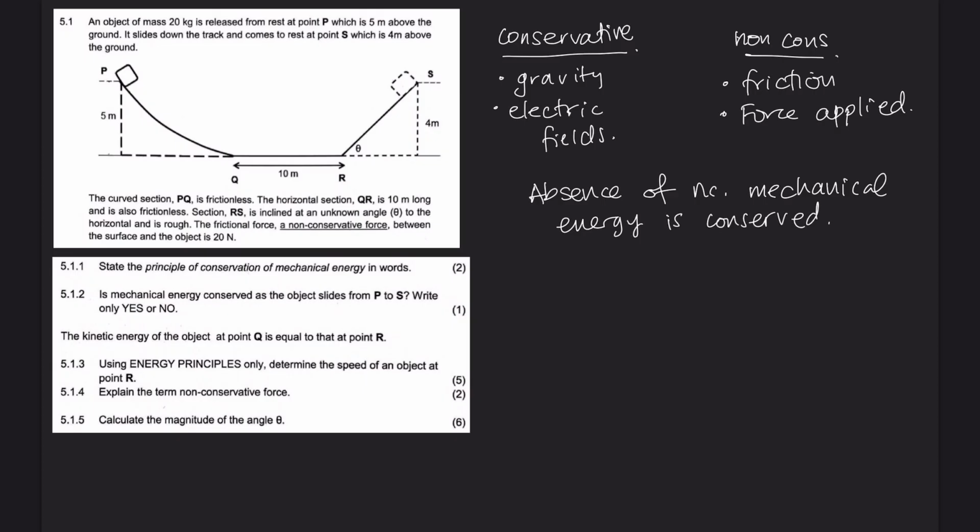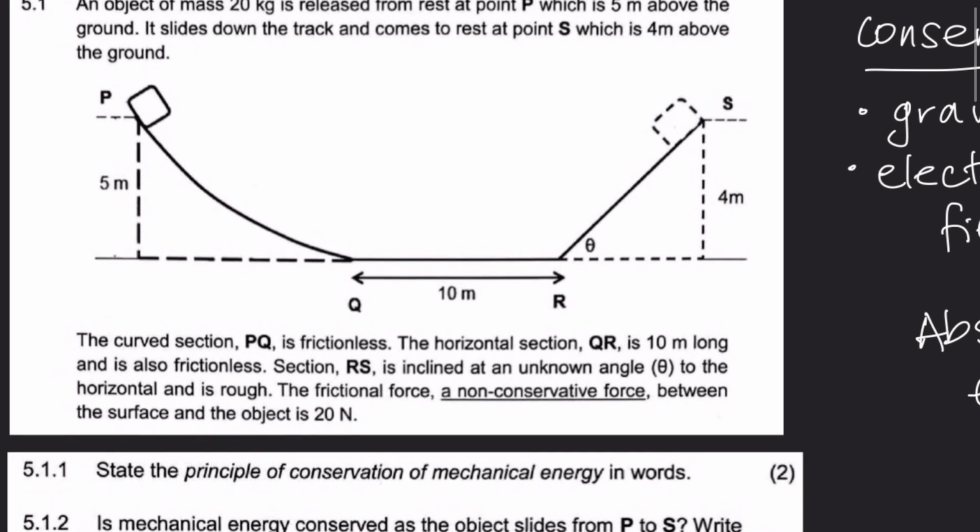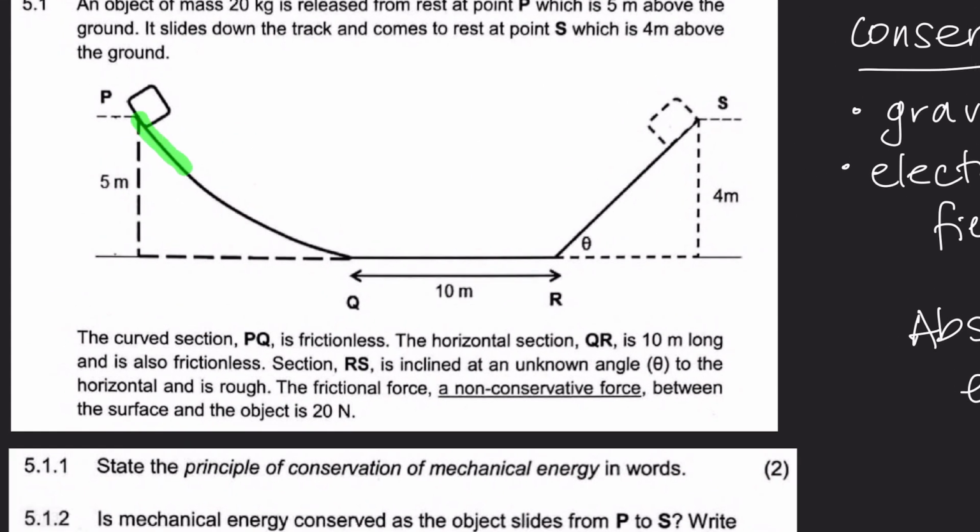Okay, so I'm going to use a highlighter and highlight the sections. So P and Q, they told us, is frictionless. So there's no non-conservative forces there. QR, frictionless, no non-conservative forces there. But RS has friction.